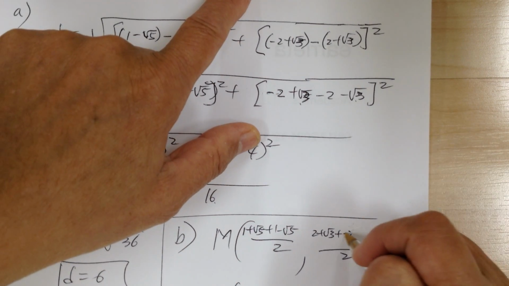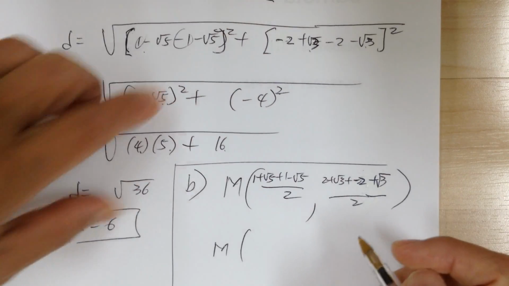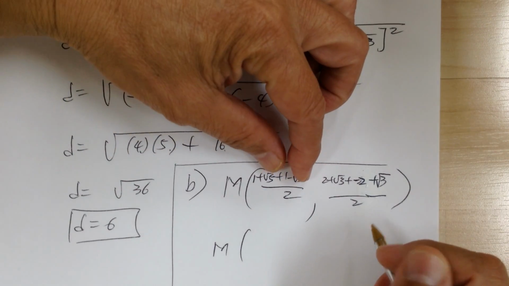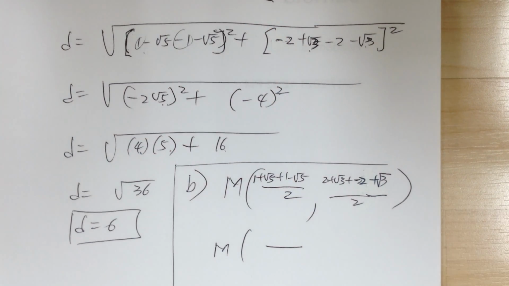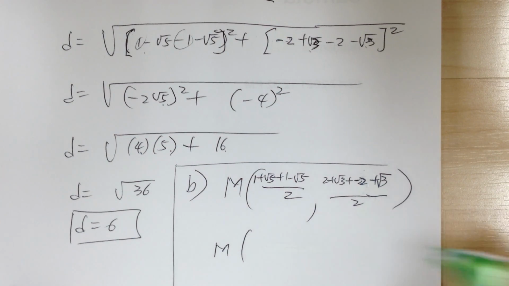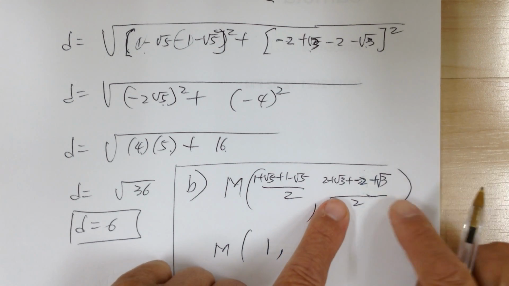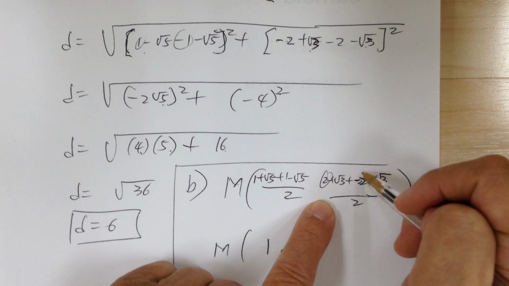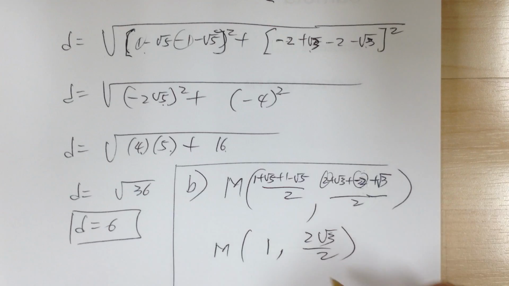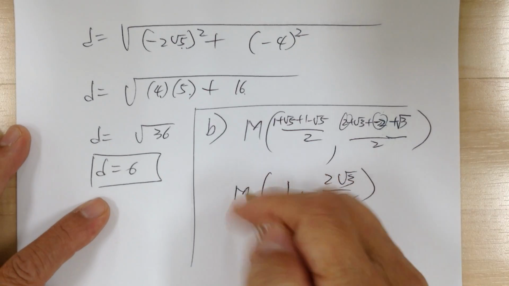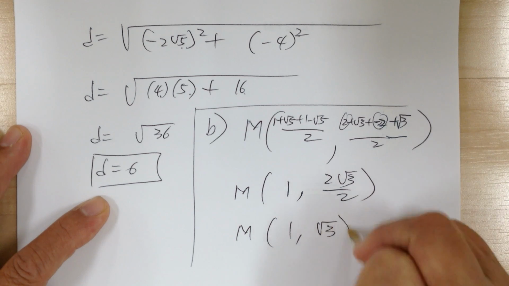It'd be minus 2 plus square root of 3. There we go. Over here, the square root of 5 will cancel out, so you've got 1 plus 1 equals 2. Divide by 2, you get 1. Okay, that's kind of nice. And over here, the 2 and negative 2 cancel out, so you've got 2 square root of 3 over 2. Then you can simplify more, so you've got 1 comma square root of 3.